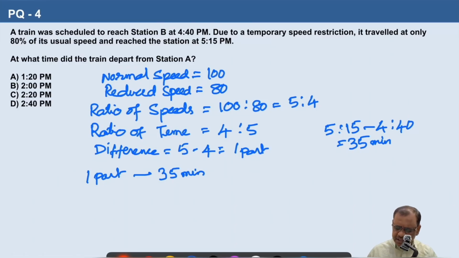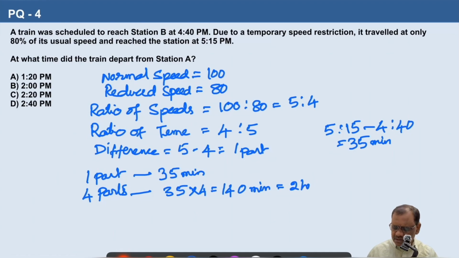At normal speed it will take 4 parts, and with the decreased speed 5 parts. So the normal time is 4 parts. 4 parts is 35 into 4, which is 140 minutes. 140 minutes is 2 hours 20 minutes. 2 hours is 120 minutes plus an additional 20 minutes.